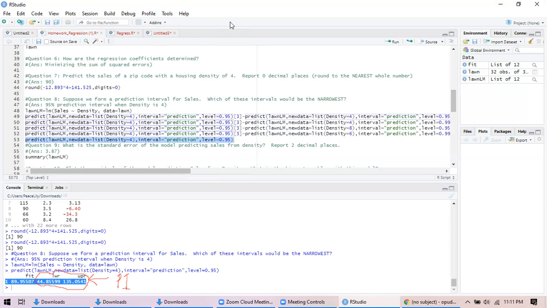I would assume the prediction is going to be higher. If it's narrow, that means the interval is not far apart, right? Yeah, they're closer. They're not wide apart.